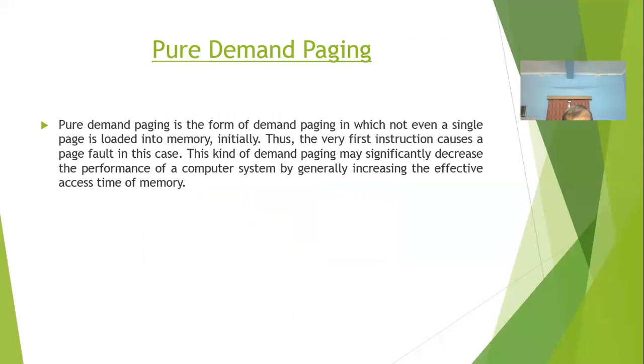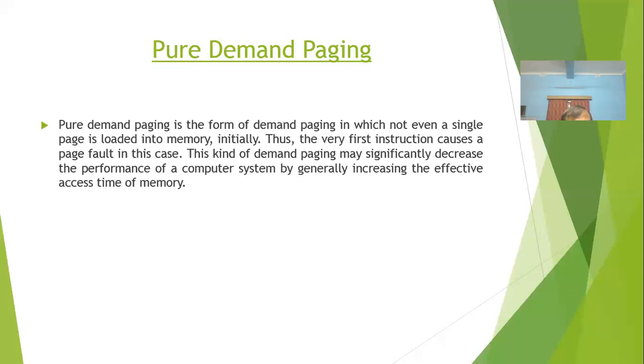So a particular process begins its execution without loading any page in the memory. Then a page fault will happen for the very first page. So this concept is known as pure demand paging. That means when the actual demand arises, then only bring in the page.